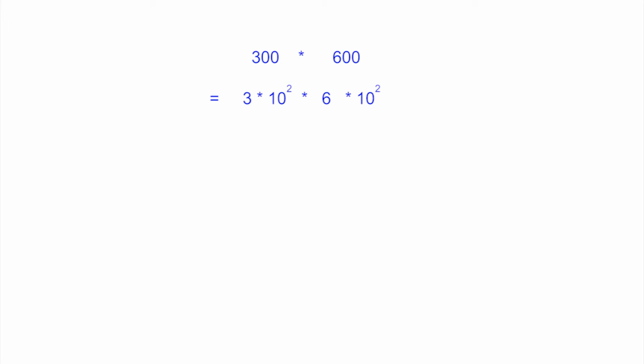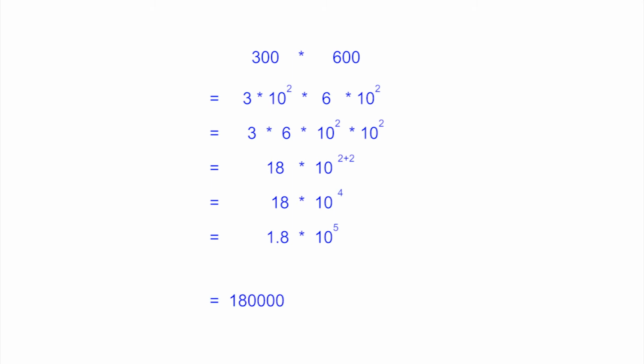Multiply 3 times 6 to give 18 in the normal way, but, and here's the important bit, just add the exponentials. 2 plus 2 is 4, giving 18 times 10 to the 4. Move the decimal place to make it into standard format, and there's your answer, 1.8 times 10 to the 5. Job done.